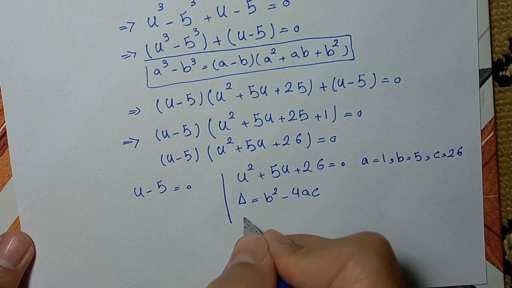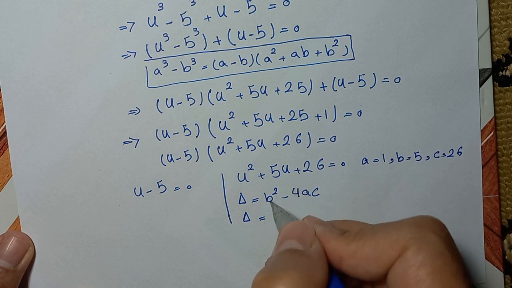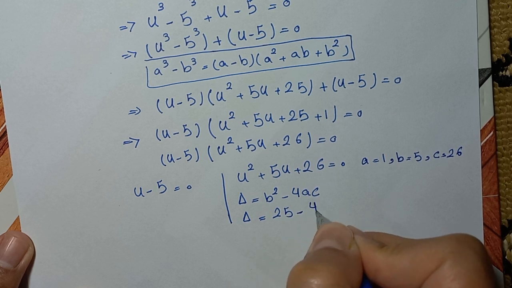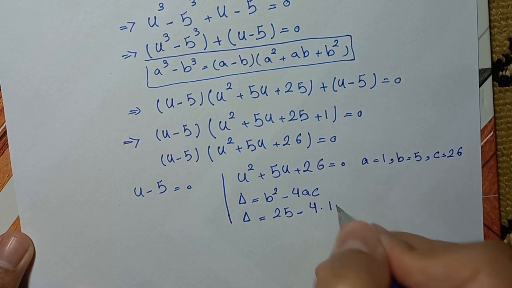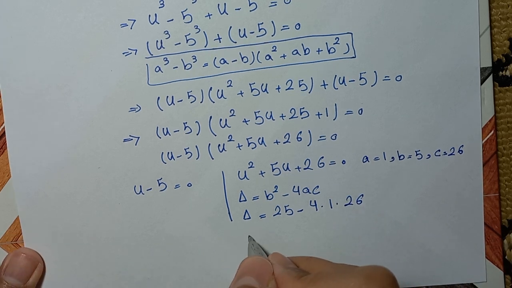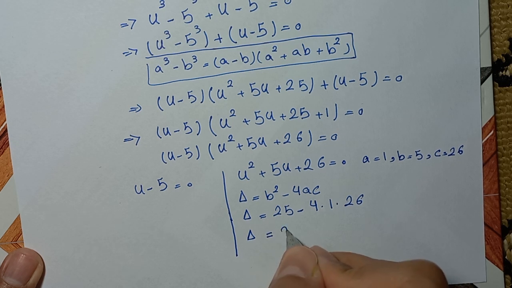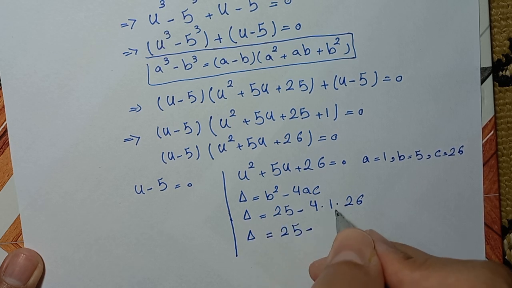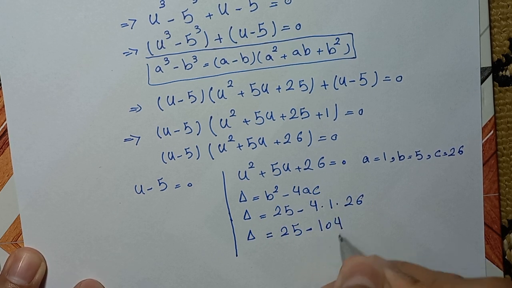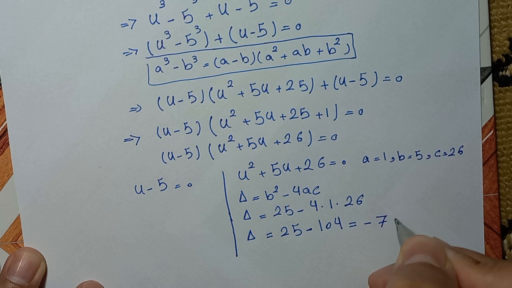So delta is equals to b square. b is 5, so it will be 5 square, it will be 25, and minus 4ac, 4 times a is 1, and times c is 26. And in here it will be delta is equals to 25 minus 4 times 1 times 26, it will be 104, and this is equals to negative 79.